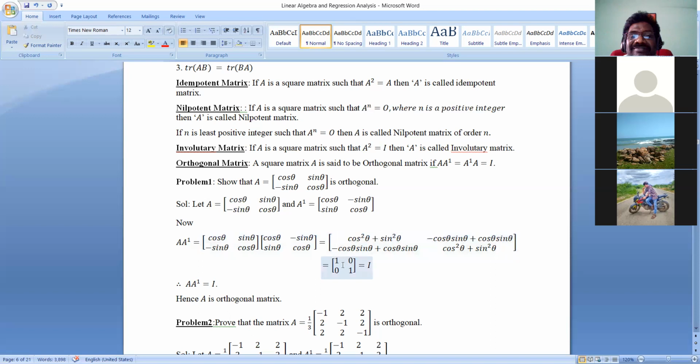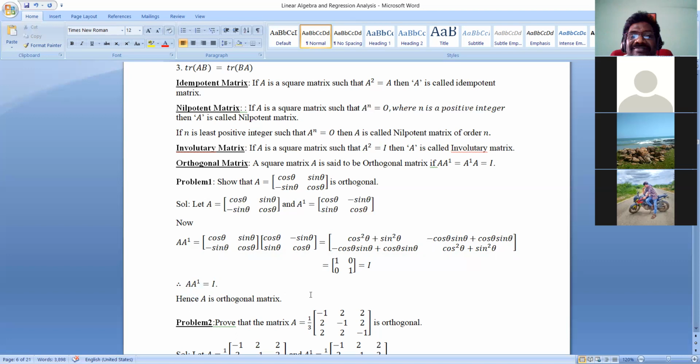So we get 1, 0, 0, 1, which is the 2 by 2 identity matrix. If you multiply A dash into A also, we get the same identity matrix. So A into A dash and A dash into A are both equal to I. So this matrix is called an orthogonal matrix.